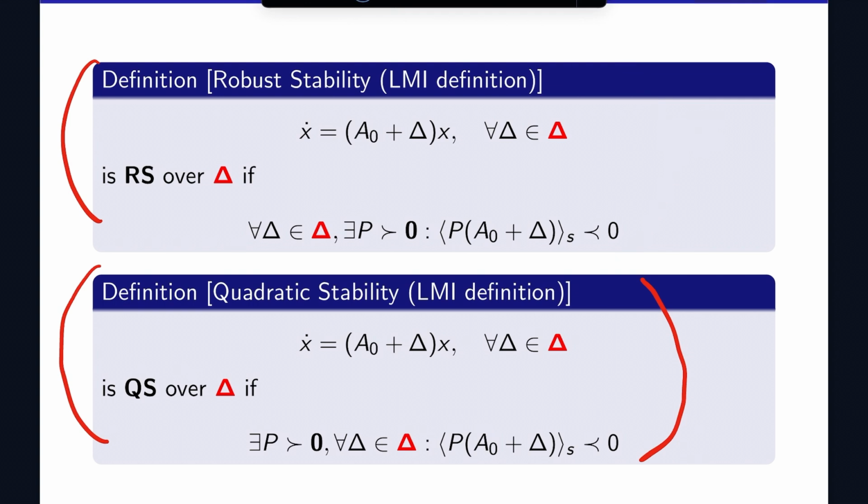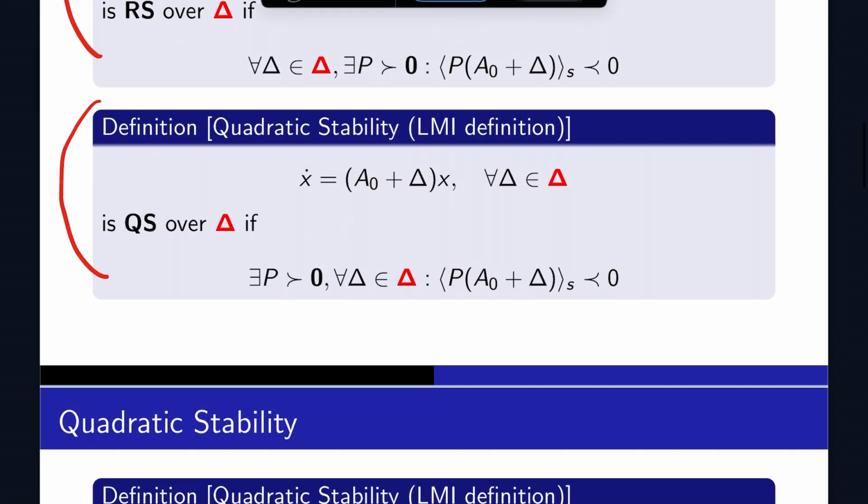However, if you have a system with a parameter that takes values between a minimum and a maximum, and you don't know how it would change, it can change its values in a crazy fashion, and you would like to have at least some condition, however conservative, then you would go about using that stability or LMI condition.